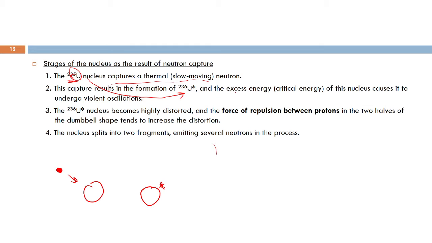uranium-236 also gains excess energy, so it is unstable, it is at an excited state. This excess energy is called critical energy. Later we will see about the critical energy.